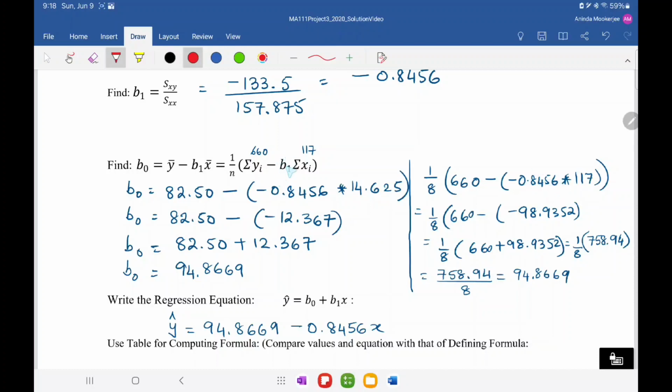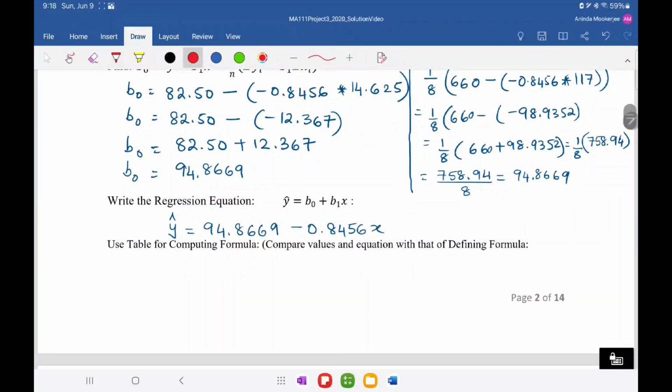So we'll have negative of negative 0.8456 times sigma x, the sum of all the x values that we found by adding the first column. And when you do the calculations, you get the same value for the y-intercept as with the other formula, 94.8669. So you can use either of these formulas, whichever you find easier, but either way you should get the same answer.